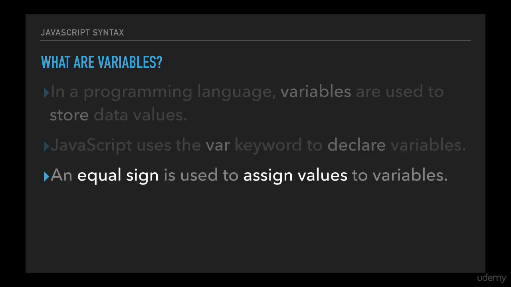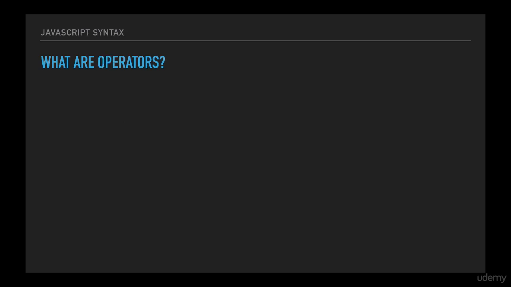An equal sign is used to assign values to variables. So for example, var x is nothing but a declaration, and x = 6 is nothing but an assignment. So you saw we used the keyword var to declare the variable x, and we used an equal sign to assign it a value of 6.